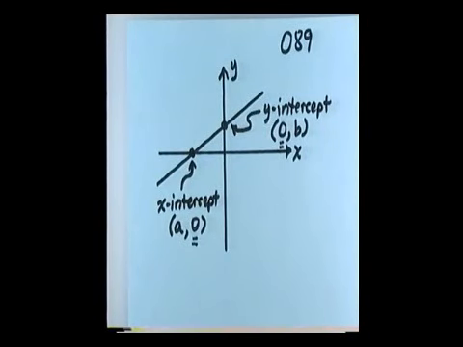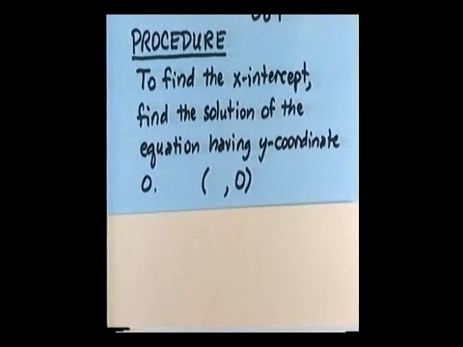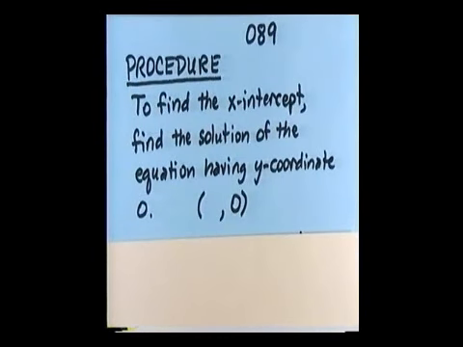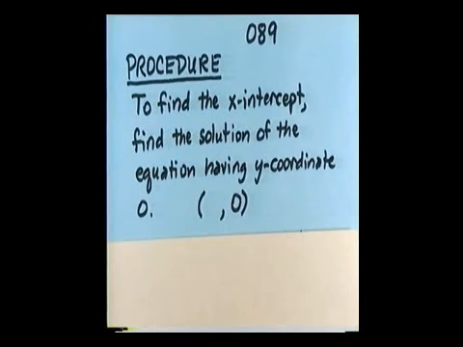Well, this gives us an idea about how we go about finding the x and y intercepts. The procedure is to find the x-intercept, find the solution of the equation having y-coordinate 0. So we look for some point (something, 0).